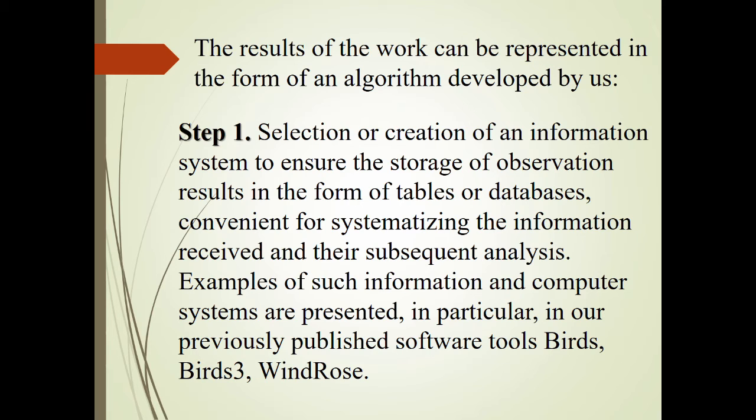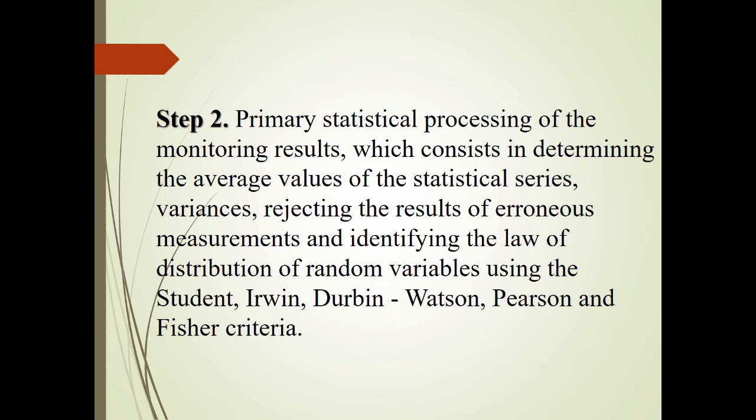Step 1. Selection or creation of an information system to ensure the storage of observation results in the form of tables or databases, convenient for systematizing the information received and their subsequent analysis. Examples of such information and computer systems are presented, in particular, in our previously published software tools Birds 3, Windrows.